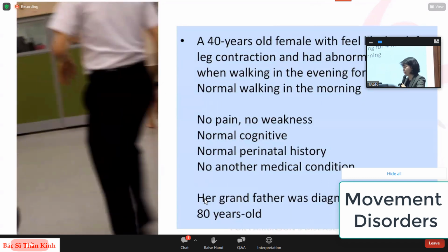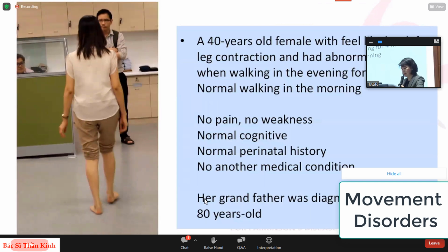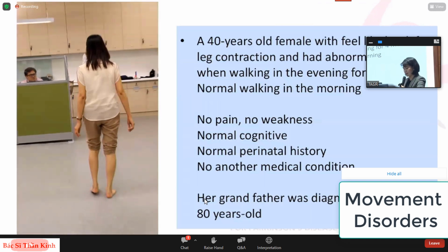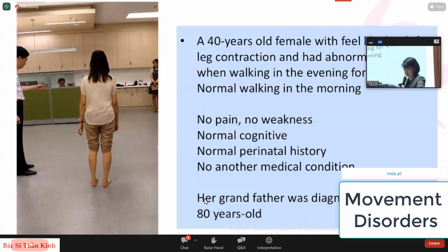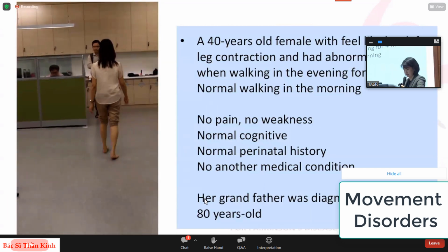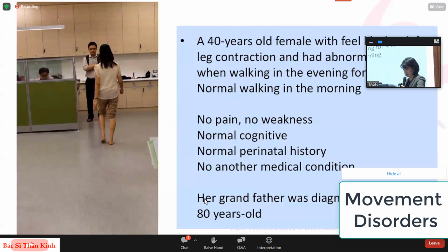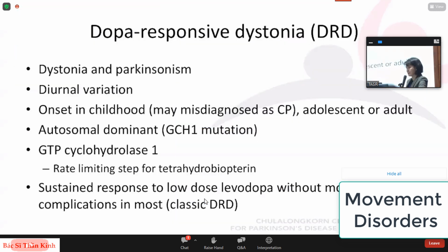And sometimes it looks like she has weakness on her left leg, but actually when we test, she has no weakness. For the diagnosis of this patient, she has dopa-responsive dystonia with the prominent feature of dystonia and Parkinsonism, and also has a diurnal variation.